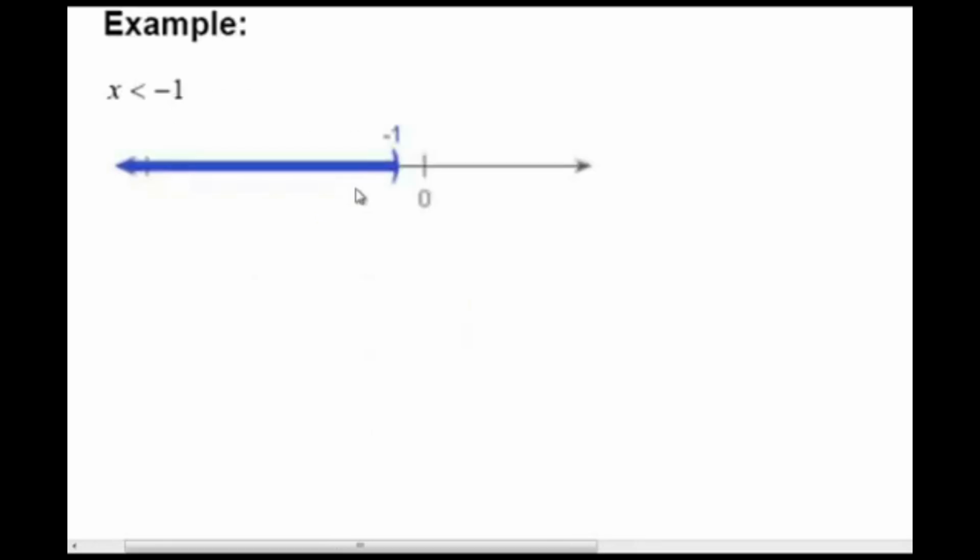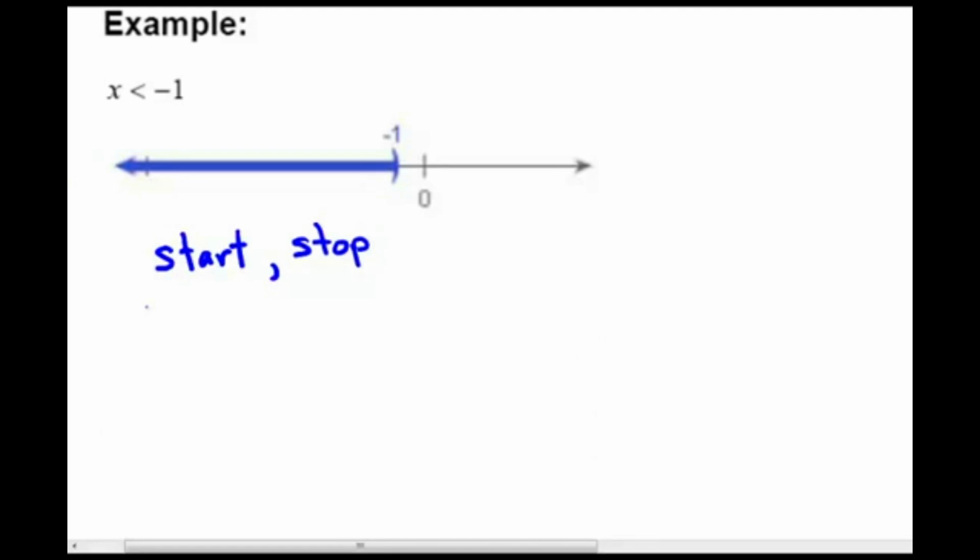Let's write the interval notation for a graph that extends forever in one direction. So remember, this one's going to use an infinity symbol. We want a starting point, a comma, and a stopping point. Well, this graph, we're starting from the left, and it's actually going forever in that direction.